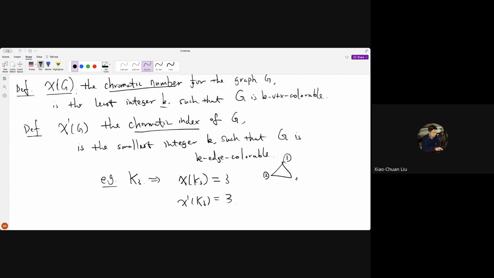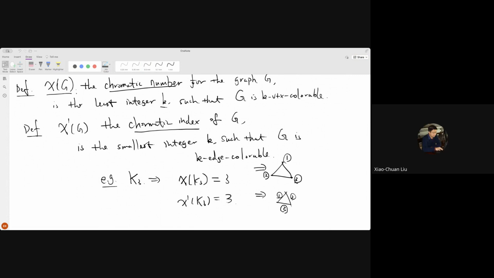If you color the vertices, you need at least 3 colors. If you color the edges, you also need at least 3 colors. Is it clear?